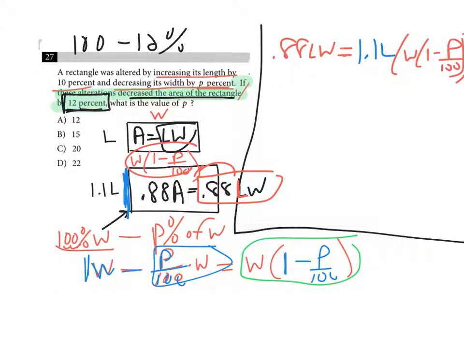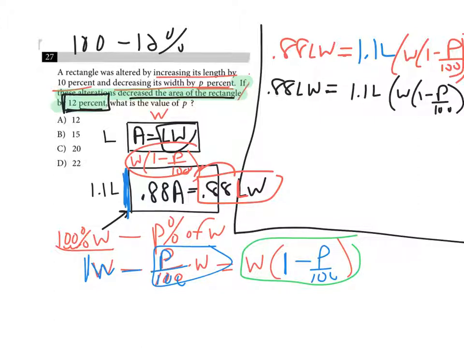So here's what we have going on. We have 0.88 LW equals 1.1 L times this W times 1 minus p over 100.